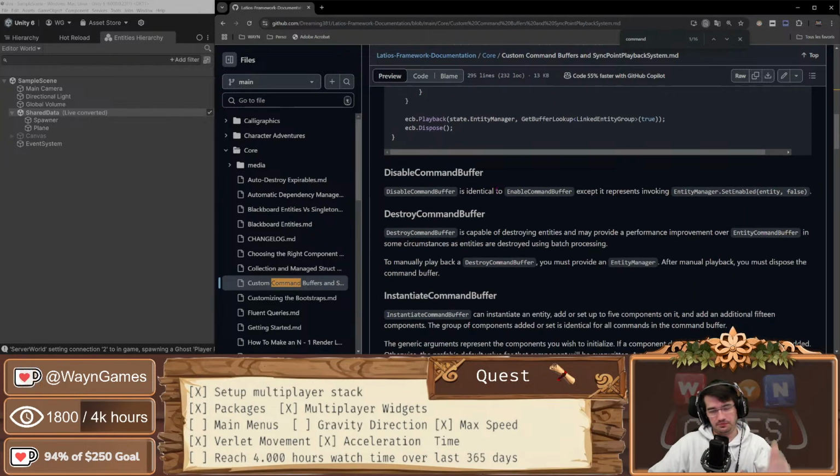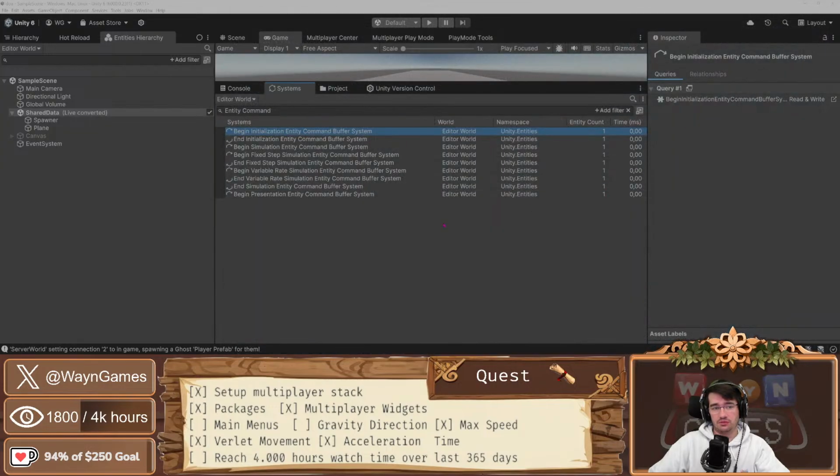So that's the only options I can think of. Be very careful about the order in which you schedule your system for loading, unloading your scenes, and queuing your commands, or to check if you can have your own custom command playback, let's say, to check the entity existence.